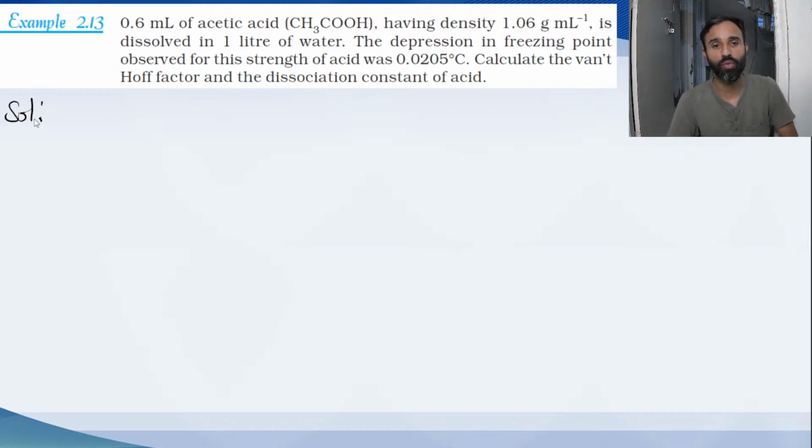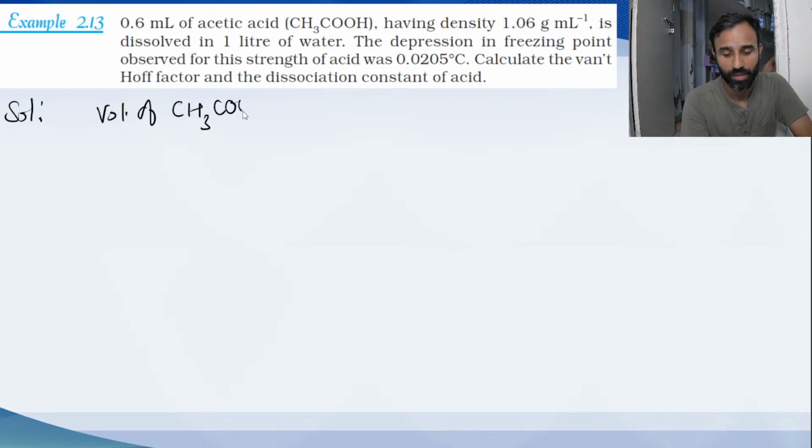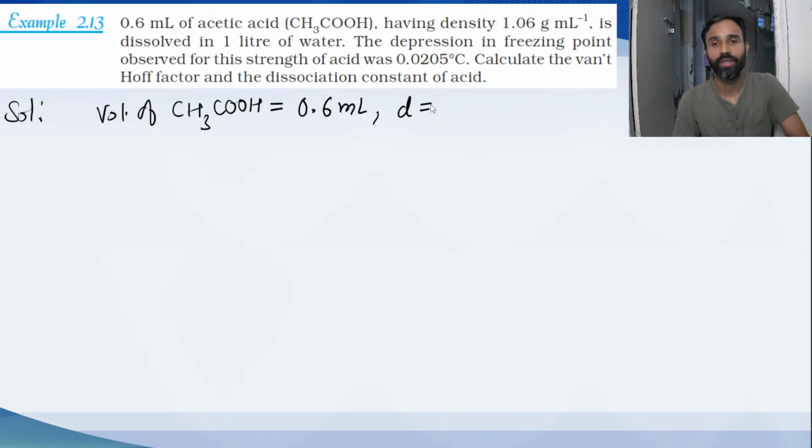So the volume of acetic acid is 0.6 ml. Density of the solution 1.06 gram per ml.